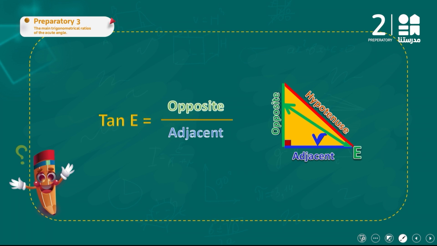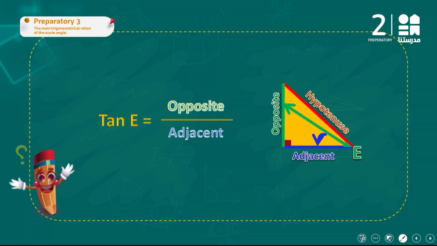Finally, we recognize that tan E is another ratio, which is a ratio between the opposite and the adjacent for this angle. So the ratio between the opposite and the adjacent, we call it tan the angle. And the ratio between the opposite and the hypotenuse, we call it sine the angle. And the ratio between the adjacent and the hypotenuse, we call it the cosine of the angle. All of them are trigonometric ratios. You're going to find it later on.